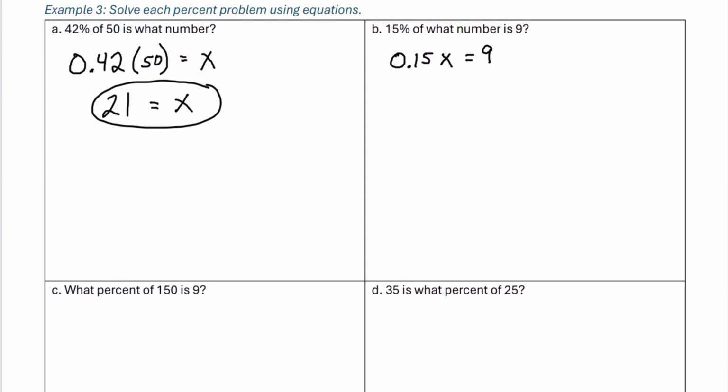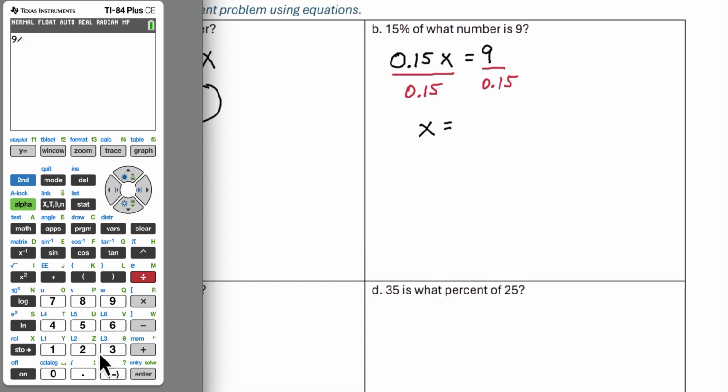Now we want to divide by that 0.15 on both sides. X equals 9 divided by 0.15 is 60. So 15% of 60 is 9.